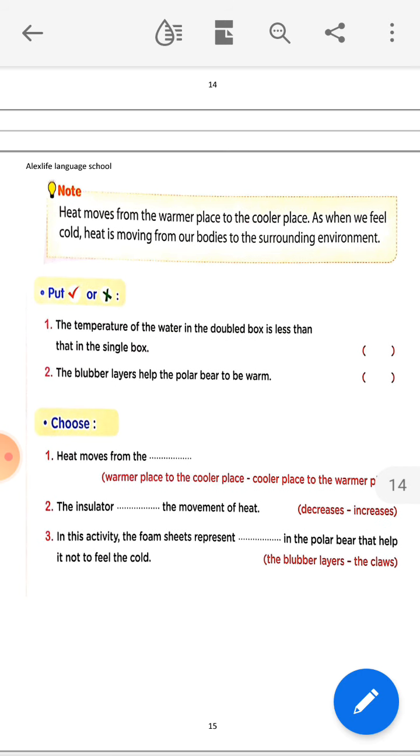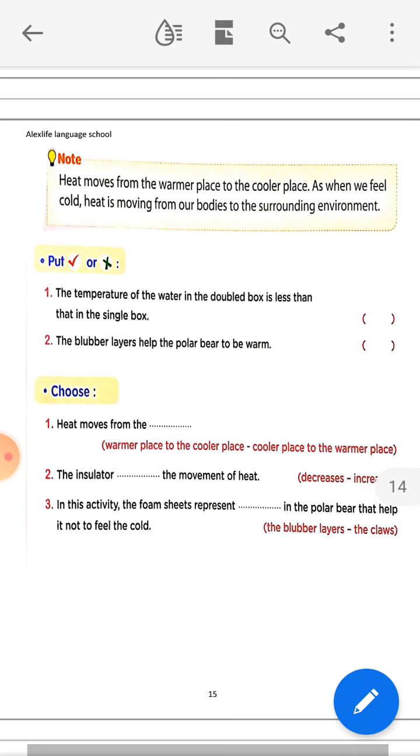No, you won't feel anything because butter is an insulating material, preventing the transfer of heat from your hand to the cold ice, so you didn't feel any cold again. Okay, so the temperature of the water in the double box is less than that in the single box? No, but I didn't feel it because I'm wearing an insulating material which is butter.